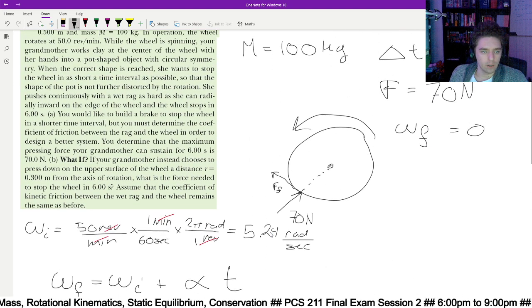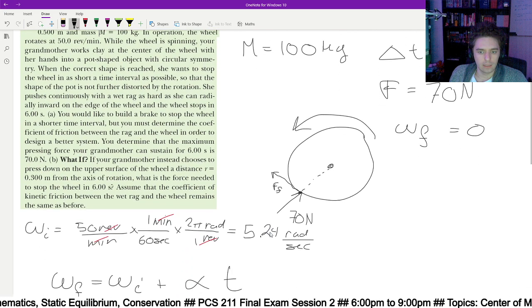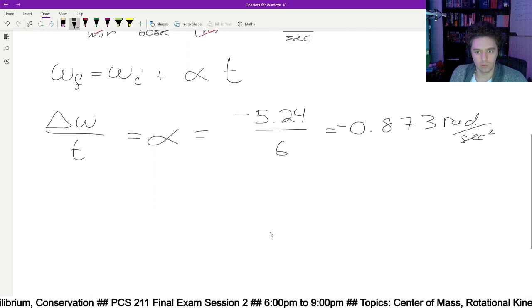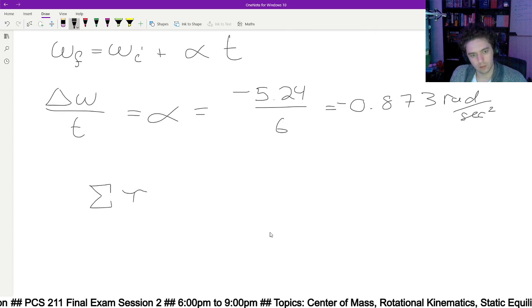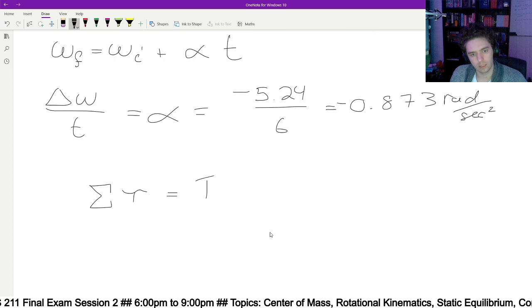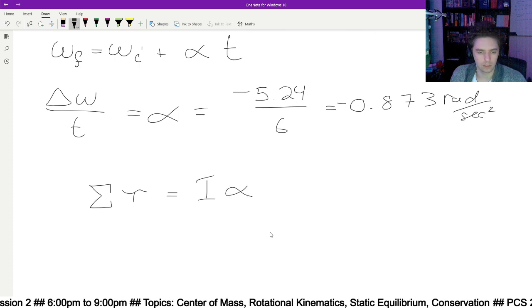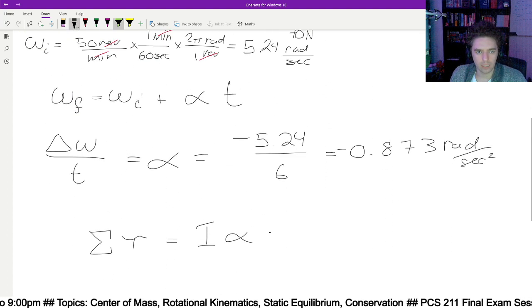So okay, we know that, and now let's take a look at what kind of torque needs to create that, right? So the sum of the torques is equal to the inertia times the angular acceleration. So we know this now, right?